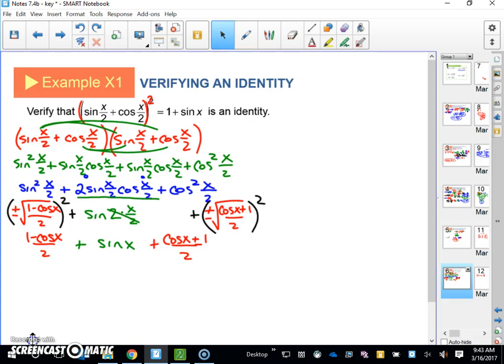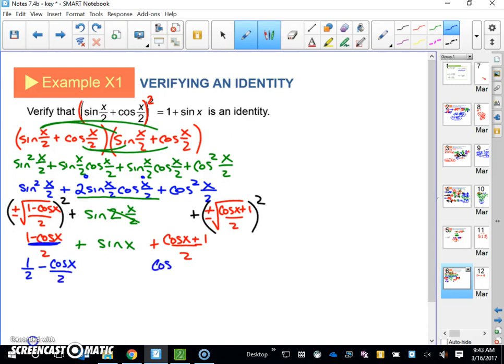Okay. So a strategy that comes up every once in a while is splitting a fraction. So when we have 1 minus cosine x all over 2, it helps to split that into 2 separate fractions. And likewise over here, it's going to help if you split this into 2 separate fractions. Don't really need to do anything with this sine x just yet, but we'd have 1/2 minus cosine x over 2 plus sine x plus cosine x over 2 plus 1/2.